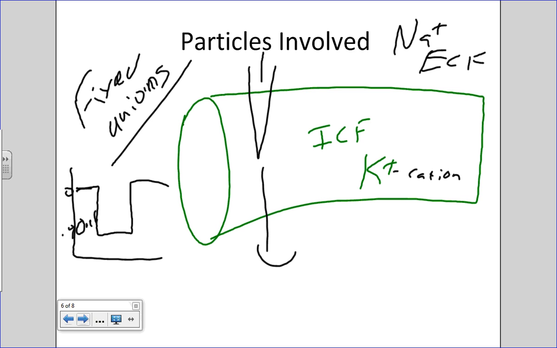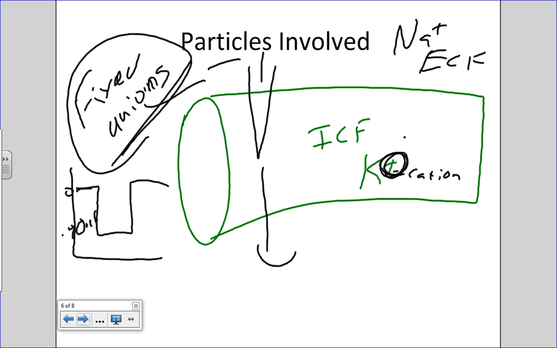Now you know that potassium is a positively charged ion, and there's a lot of potassium. So the question you should have asked yourself is, if there's a lot of potassium on the inside of the cell, why is it negatively charged? A big part of that is because of these fixed anions. Remember, anions are ions with a negative charge; cations are positively charged. The major fixed anions found within cells are proteins and ADP, and we'll throw ATP on there as well.